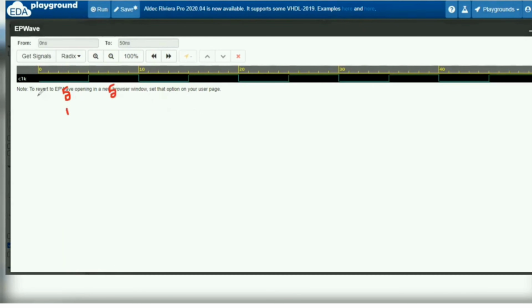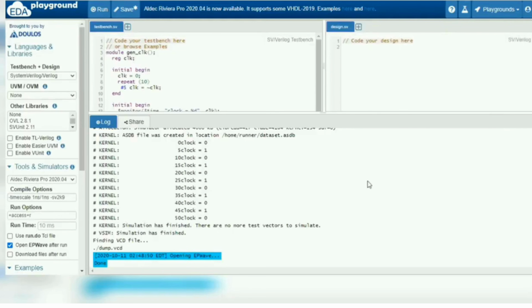If we consider the total clock period as T, here T is equal to 10, so T by 2 is equal to 5. Like that we can consider the clock period. And here we are generating up to 10 clock toggles.